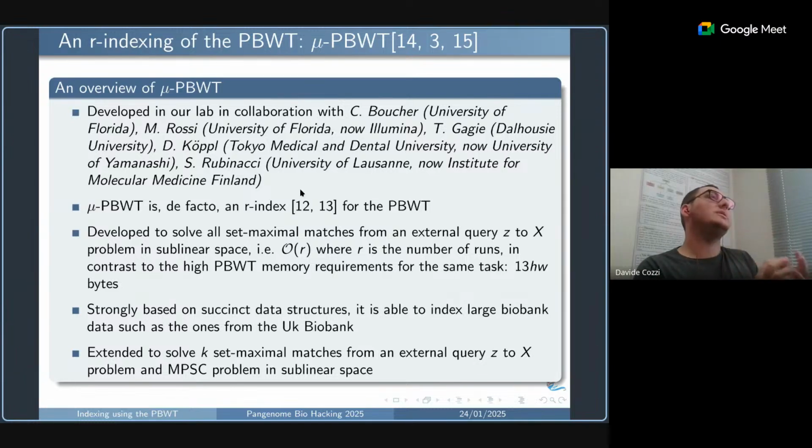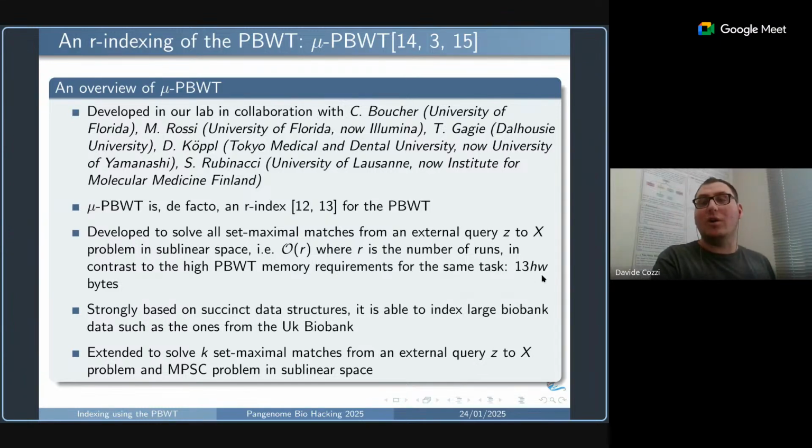So we wanted to perform queries not in linear space, but in sublinear space, focusing on the number of runs. And the first problem we solved was set maximal exact matches with an external query.